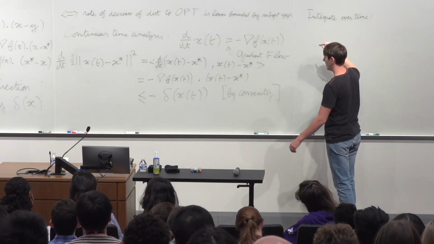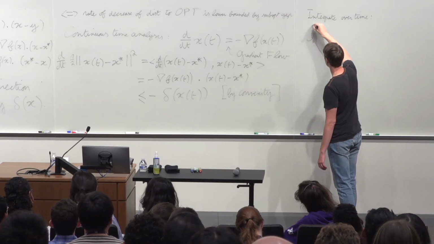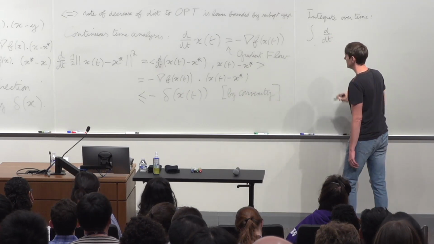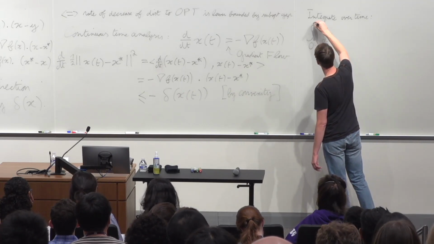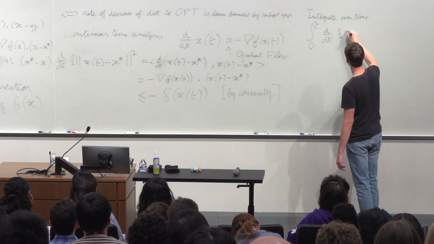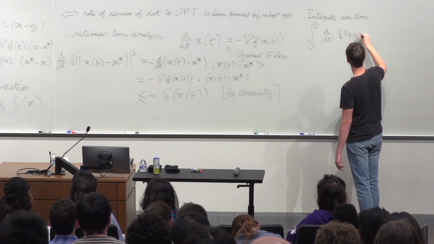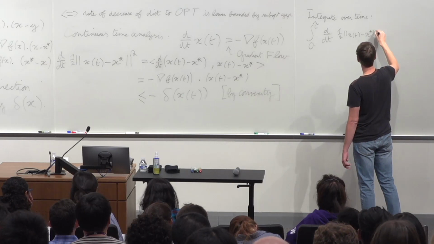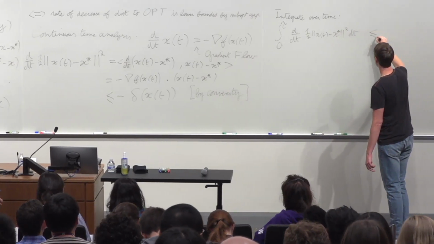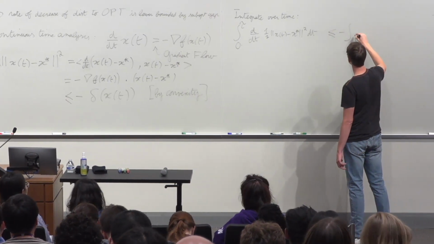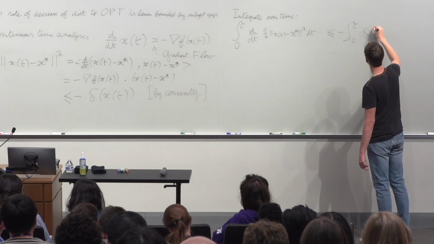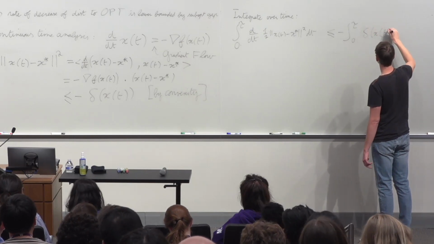The integral from time 0 to time tau of d over dt of 1/2 the norm of x of t minus x star squared dt is lower bounded by minus the integral from 0 to tau of delta of x of t dt.